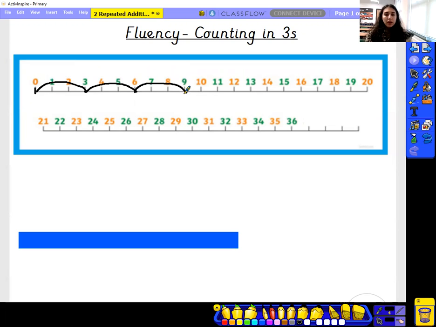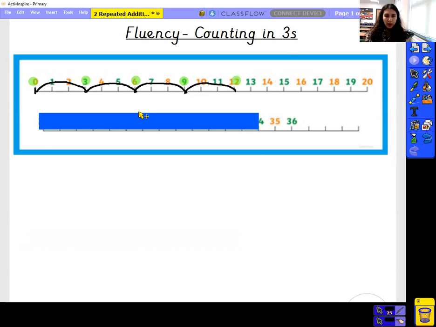Can you remember what we're going to jump to next? That's right, it would be 3 more again, so it would be 12. So jumping from 9 to 12. So the start of that sequence would look like this. 0, 3, 6, 9, 12. Excellent.